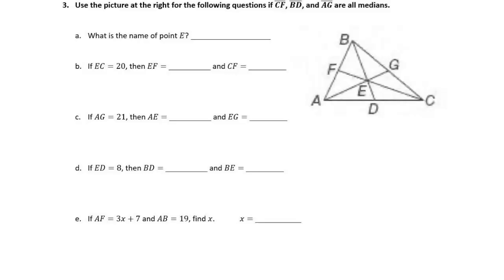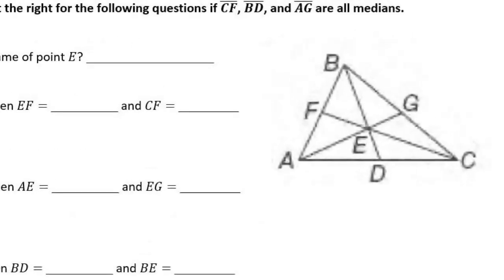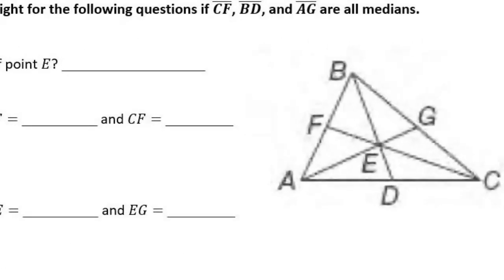Use the picture at the right for the following questions. If segments CF, BD, and AG are all medians, you know the work that we did on question number 4 right below is going to help us with part A here.